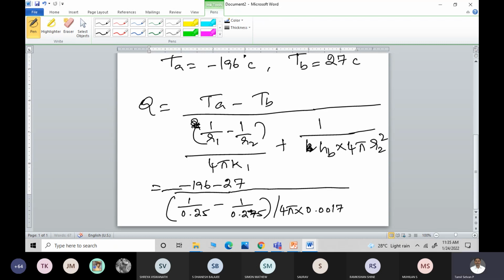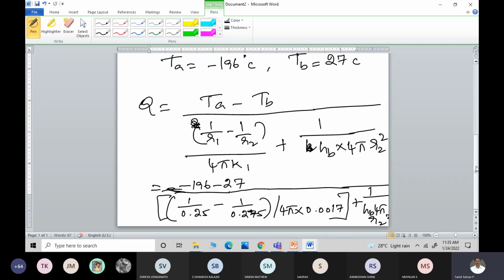Okay, so this is the first resistance. Okay, students, all of you are there? Yes, sir. And similarly substitute 1 by HB 4 pi R2 squared here. Substitute the values.